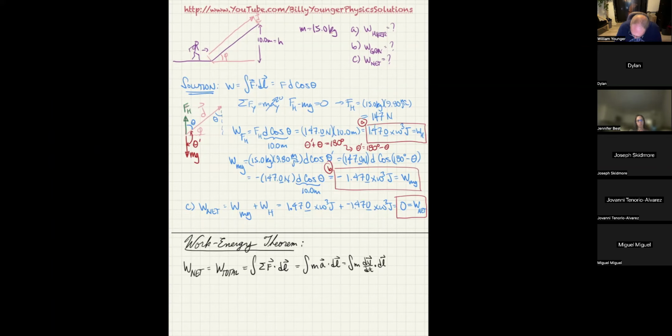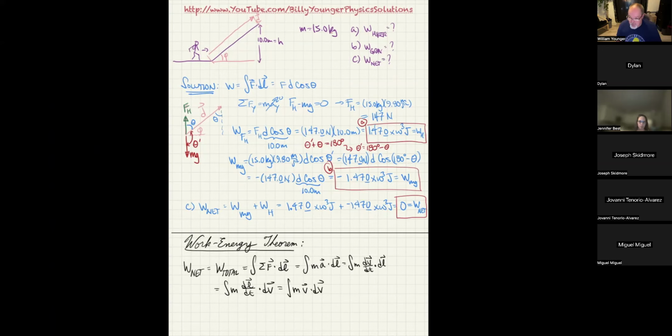Now, at this point, we could switch them a little bit and we could say equals m times dl dt dotted with dv. And what we get is the integral of m v dot dv.